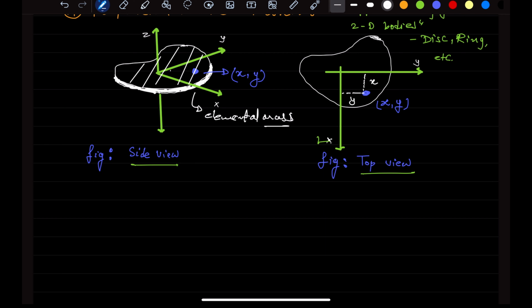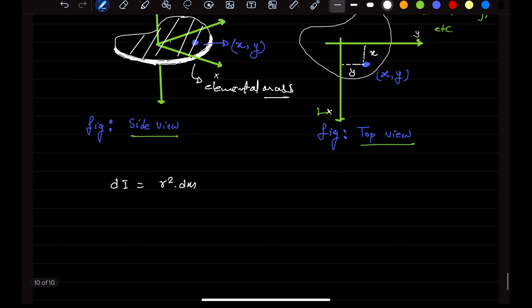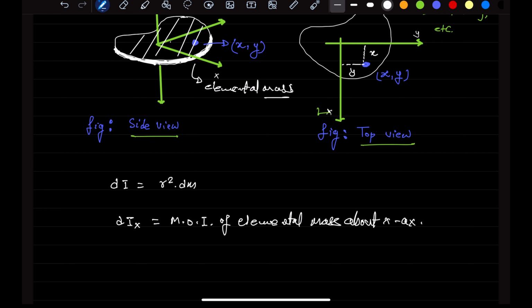So now let's define the moment of inertia of this elemental mass. Can you tell me the formula for the moment of inertia? That is r square dm, right? We are calculating about the x-axis, right? We are calculating dI, the moment of inertia of the elemental mass about the x-axis.